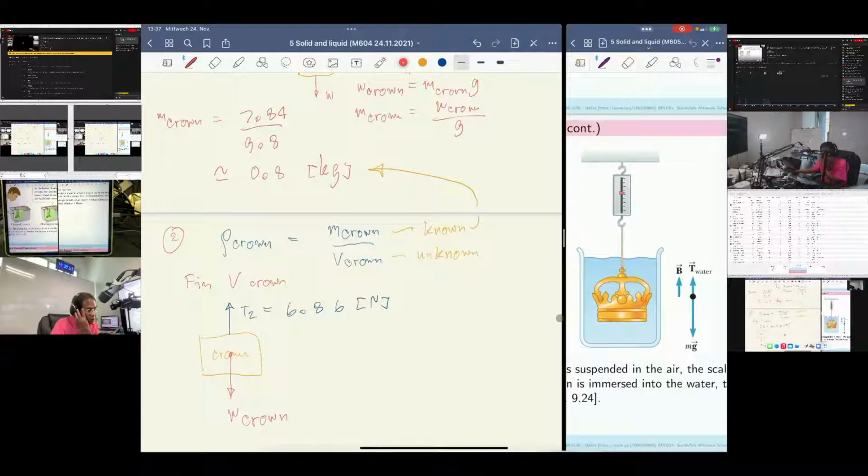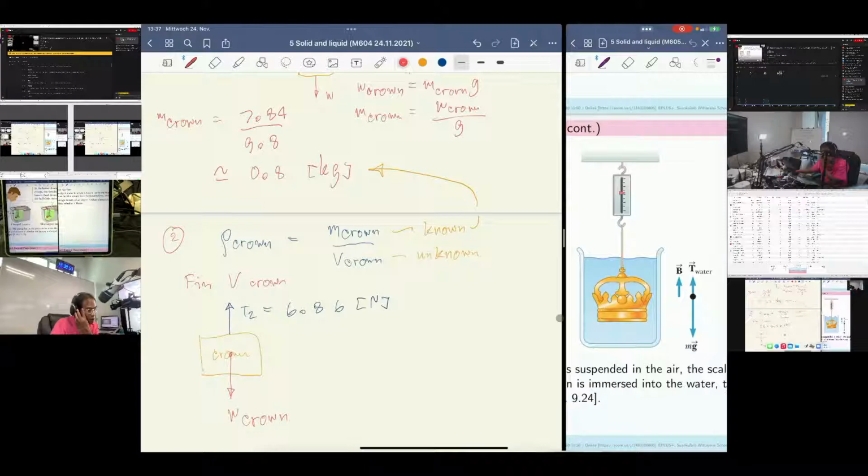The volume of this crowd: W crowd is what you have seen here, which is the same value as the tension in the first situation, the first experiment, 784, minus T2. T2 is the value you could observe from the spring, from the weight measurement device, 686, divided by the density of this fluid.